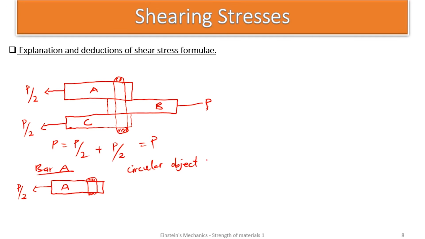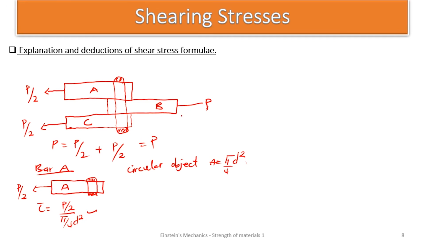So the area will be given as pi on 4 d squared. I'm going to consider this small area of the rivet, not the area of the bar, because the shearing occurred at the region of the rivet, meaning my shear stress now is going to be the force, which is P on 2 over the area, pi on 4 d squared for bar A.